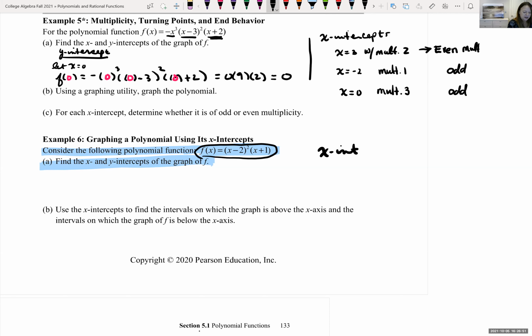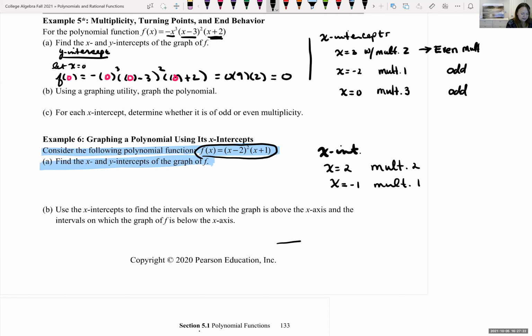And so we have an x-intercept at x equals positive 2 with multiplicity 2, and x plus 1, so x equals negative 1, which has multiplicity 1. So you use the x-intercepts to find the intervals on which the graph is above the x-axis and the intervals on which the graph is below the x-axis.